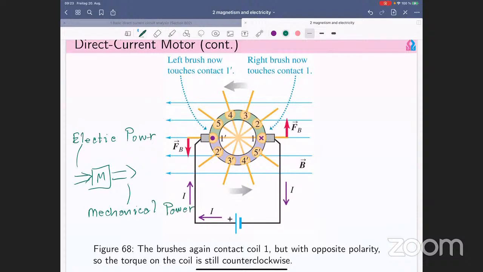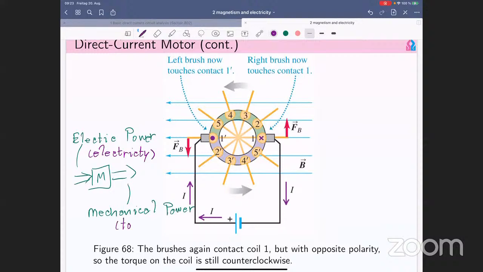The thing that you have to pay is electricity, right? You have to insert electricity to the electric power, and what you get from the motor is the torque, right?